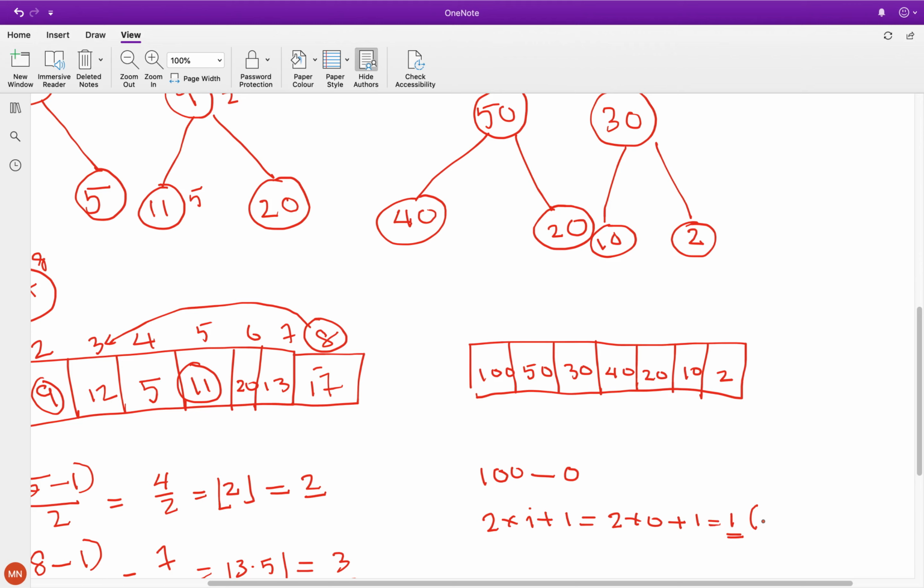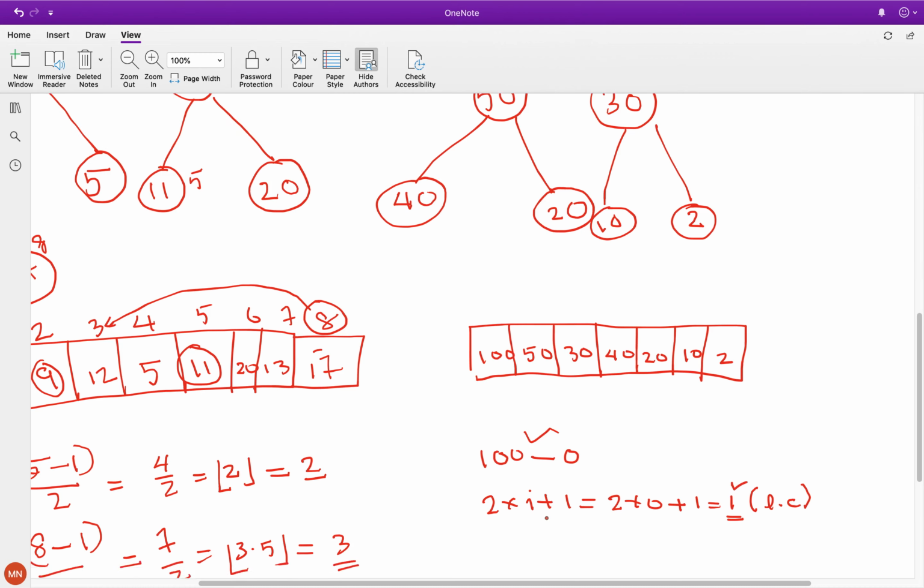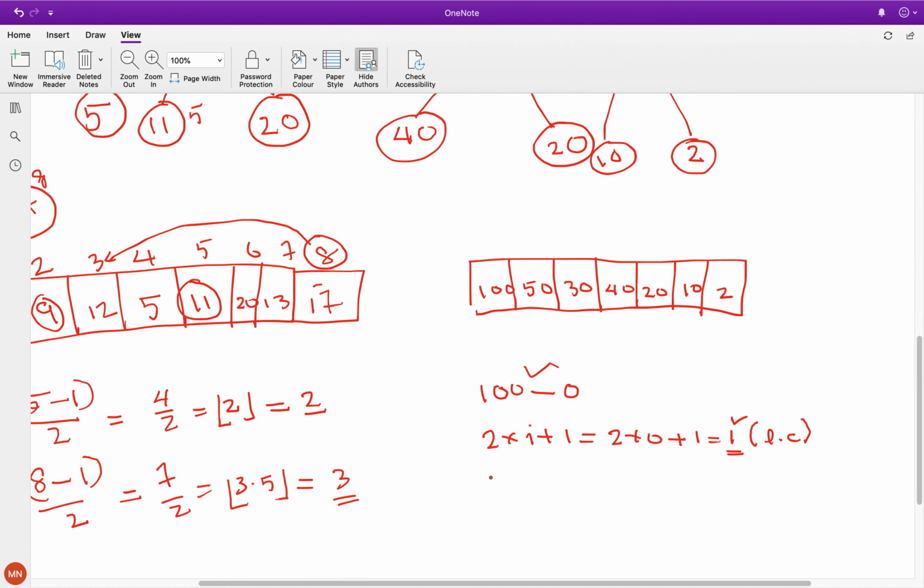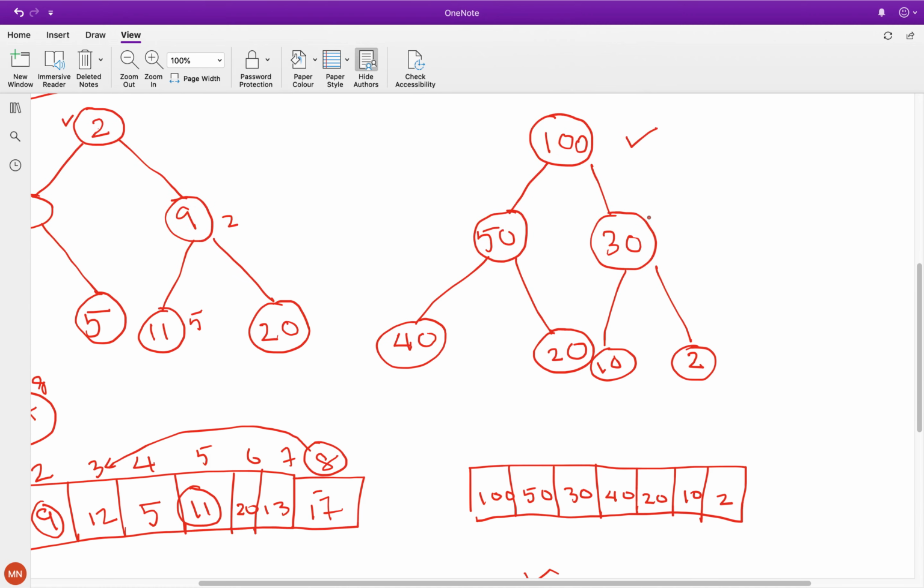So the left child of 100 is at index 1. And if you want to find the index of the right child, you do the same operation, except that instead of plus 1 you use plus 2. So this is 2 * 0 + 2, which is equal to 2. So this number is at index 2.